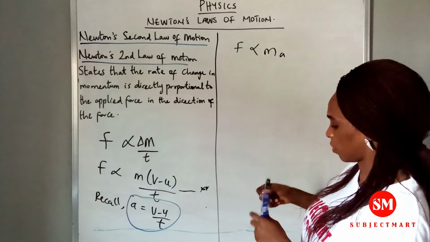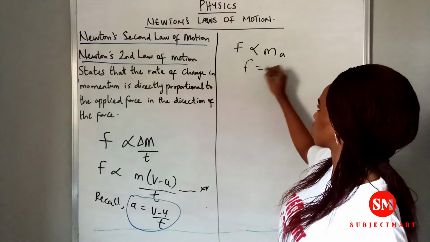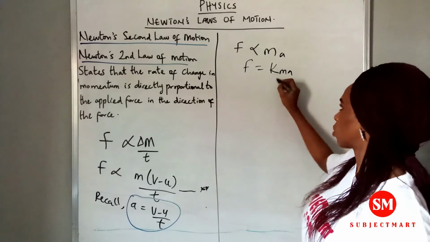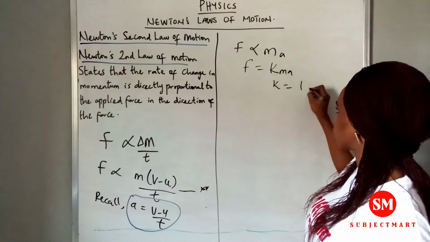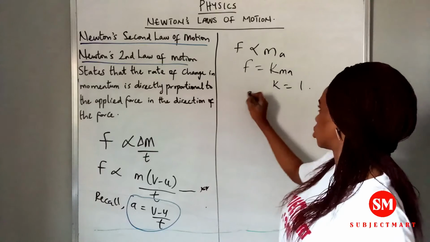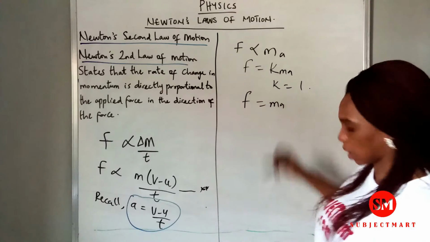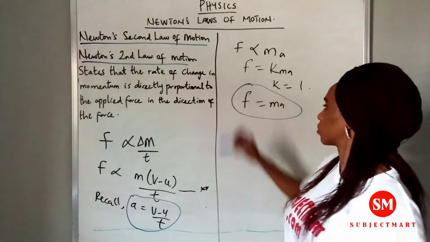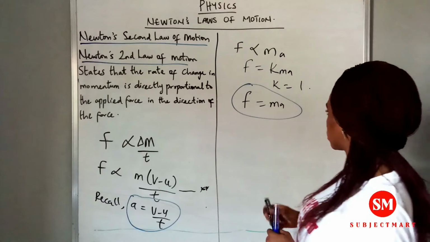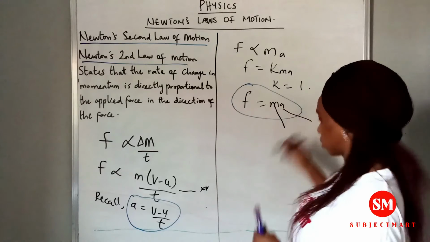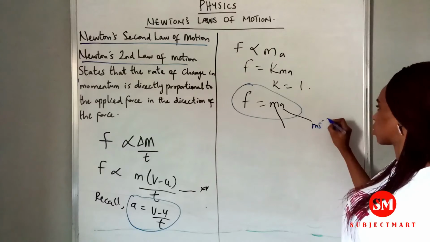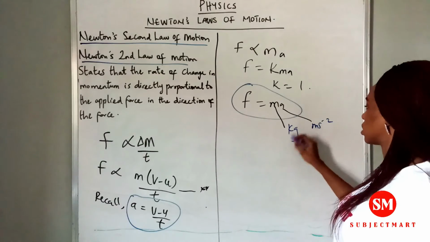And then I have F equals k m a. I'm just going to say k is equal to 1, the constant. So I have F equals m a. This acceleration is in meters per second squared, and this is in kilograms.